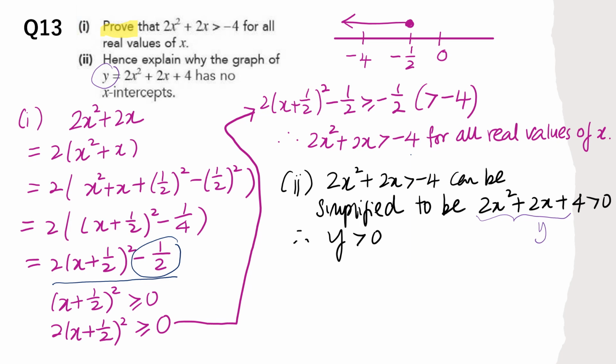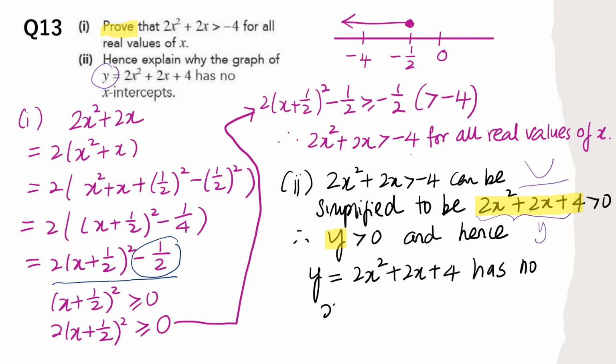That means there's no negative values for y. Hence your curve will be entirely above the x-axis. So if a curve is entirely above the axis, there's no x-intercept at all, right? And that explains and concludes the solutions for part 2.